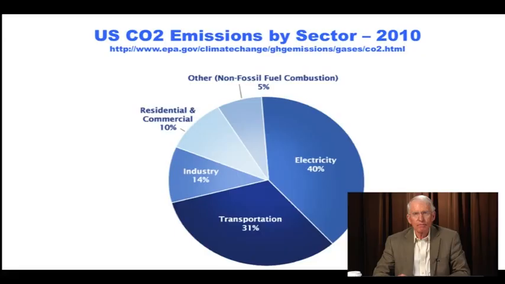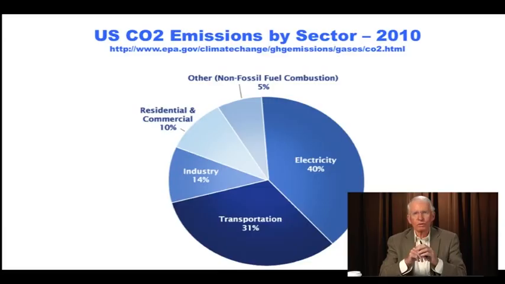You can see that the electricity sector dominates in the amount of CO2 that is produced in this country. Electricity production from all types of fuel, including renewables, which of course do not produce any CO2 to speak of, is 40%. So the electric power industry is unfortunately the one that we need to work on to have the biggest impact.